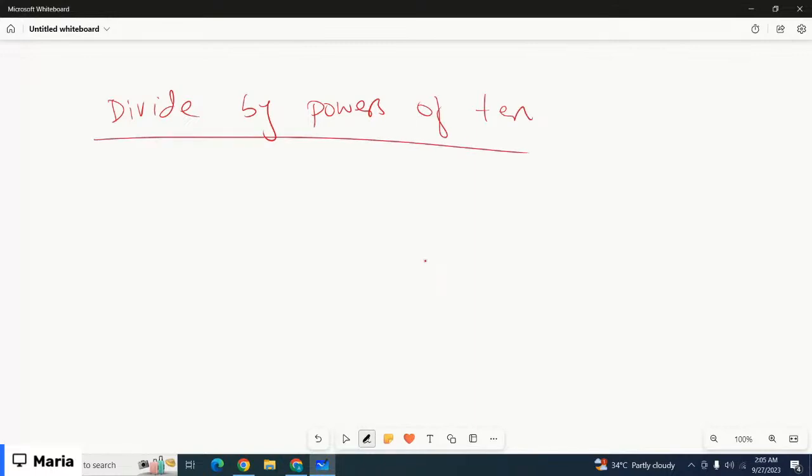Let's start with an example. For example, you have 6,932 divided by 10. Dividing by a power of 10 means you have to move the decimal point to the left one place for each zero. Here you are just dividing by 10, and 10 has only one zero. That means you have to move the decimal point one place left. Now the decimal point is here. Either you write the decimal point or you do not, that's exactly the same.